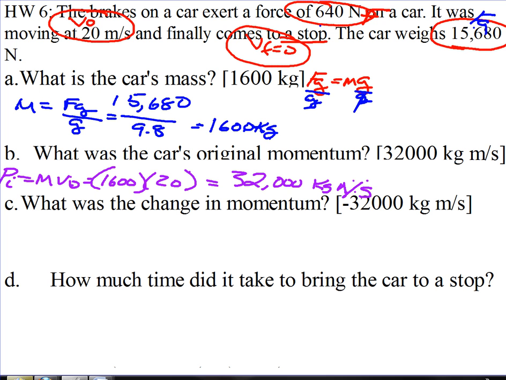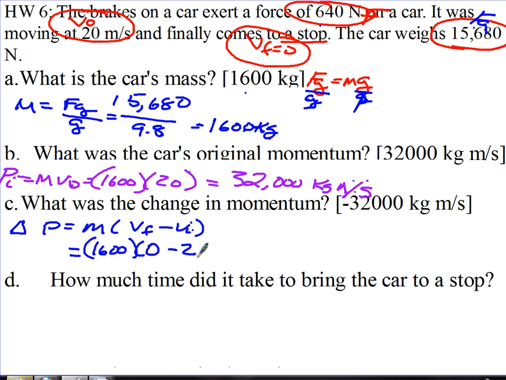The change in momentum is equal to mass times v final minus v initial. Now, let's see. This is going to be the mass, which is 1,600 kilograms, times the final velocity is 0, minus the initial velocity, which is 20, or negative 32,000 kilograms meters per second.